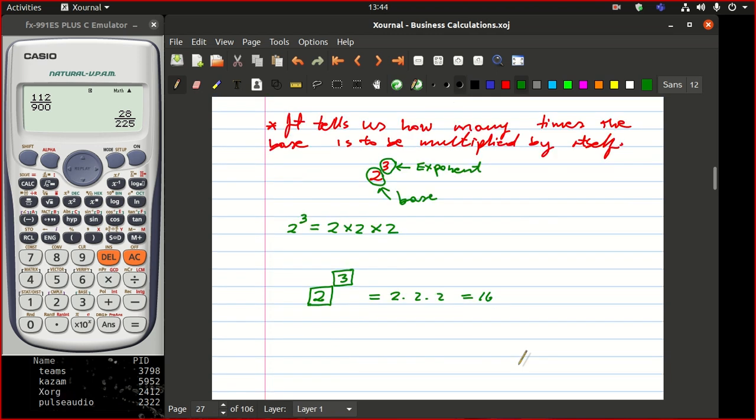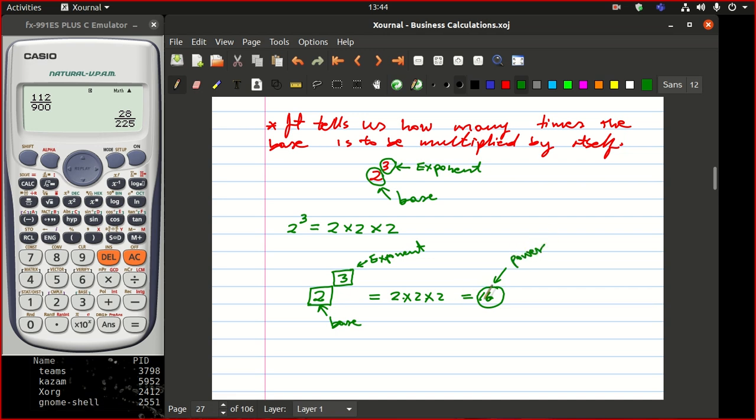We know that this 3 is an exponent, and this 2 here is the base. Of course, this is a multiplication, not a decimal point. The 8 here, which is the result you get after multiplying this several times, is what we call the power.